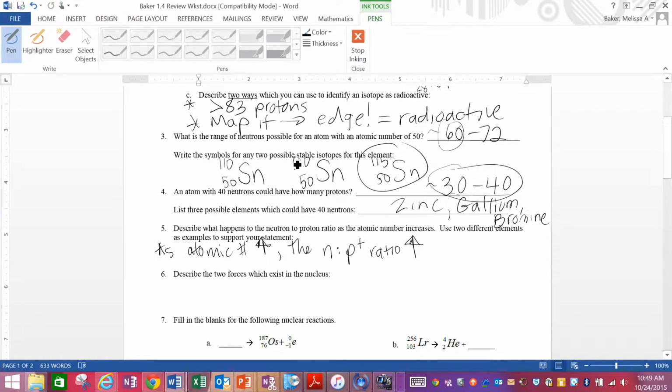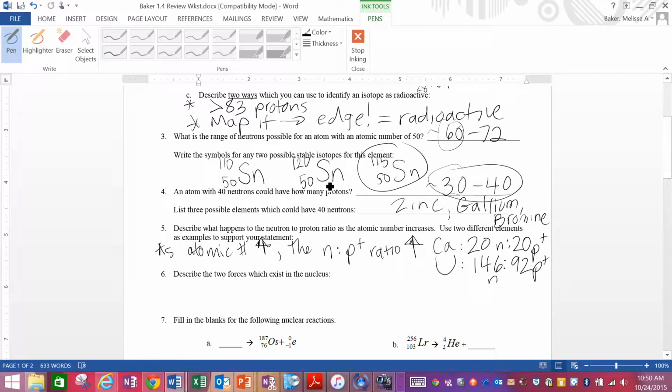Here's an example. For calcium, a typical calcium atom has 20 neutrons, 20 protons. So you can see that's a 1-to-1 ratio. Something like uranium has 146 neutrons to 92 protons. So you can see that's a different ratio. That's not 1-to-1. That's like 1.5 to 1.